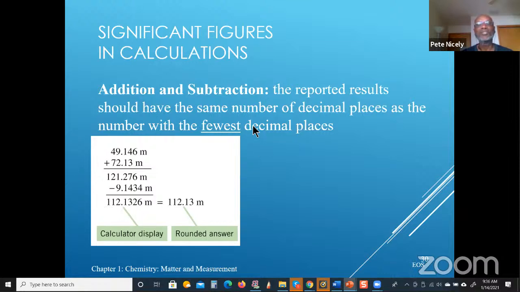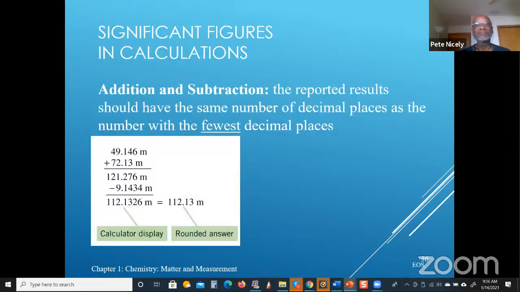But according to this rule, your final answer must be rounded off to the fewest number of decimal places. That means you'd have to round off to where this 3 is. So the final answer, rounded off correctly, would be 112.13. That's how you deal with addition and subtraction on the one hand, and multiplication and division on the other hand.